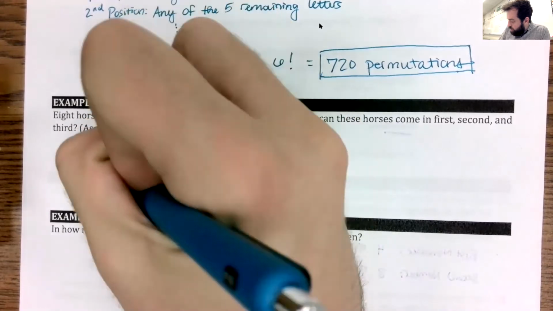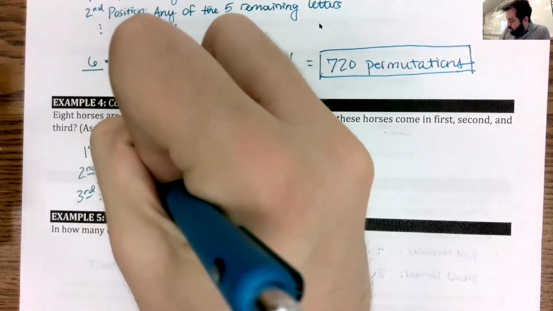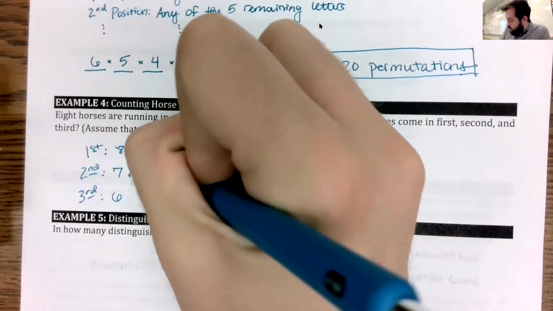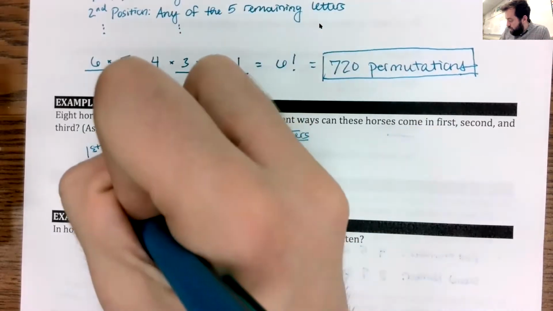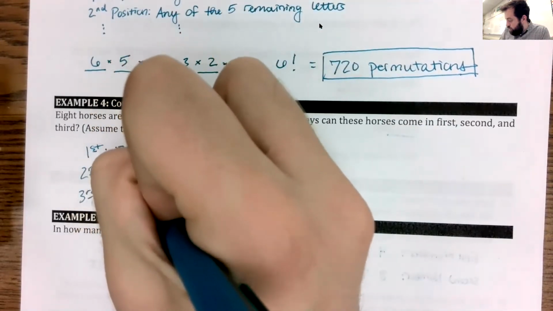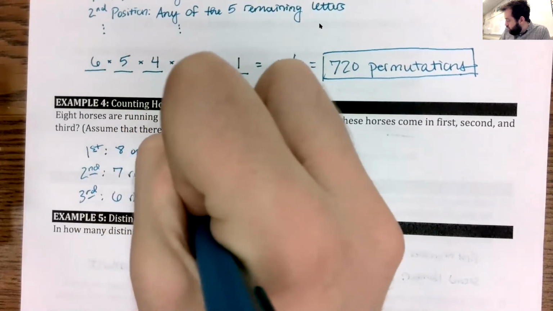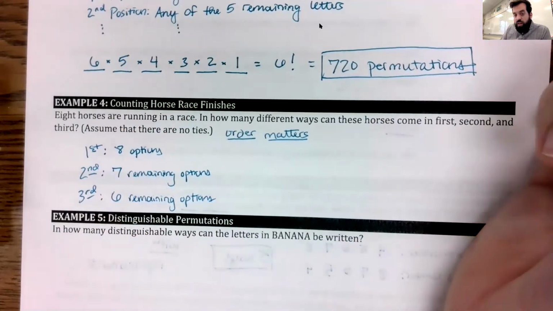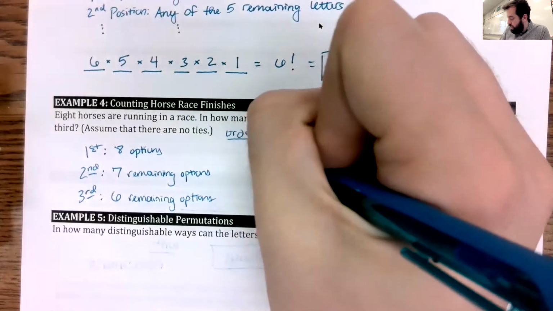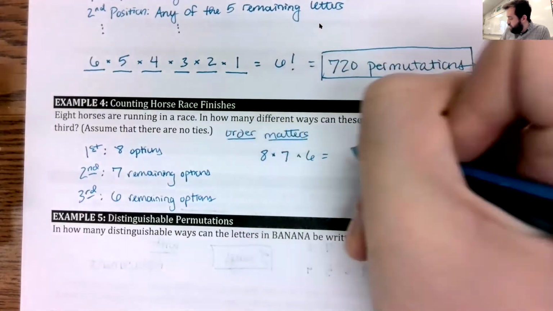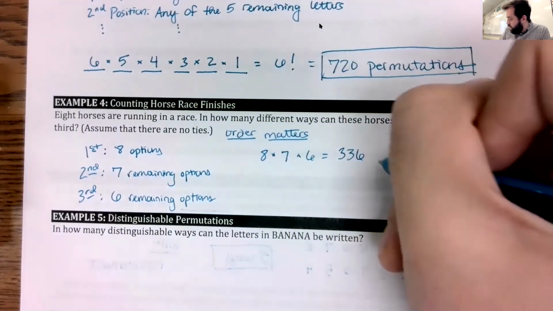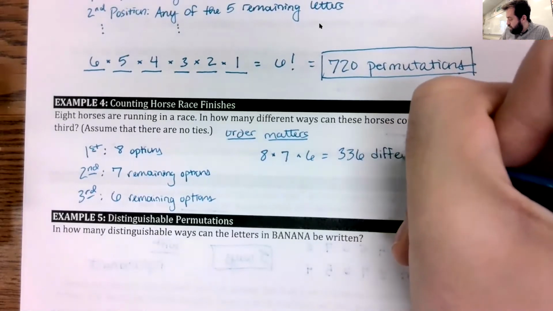So we got 8 options and then 7 remaining options, and then 6 remaining options. So if we use the fundamental counting principle, it'll be 8 times 7 times 6, or 336 different ways.